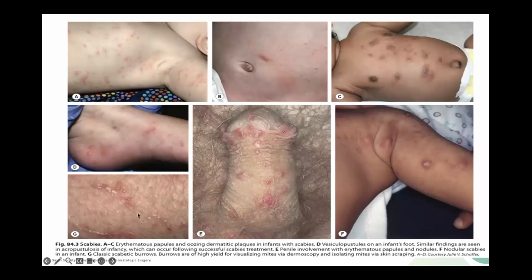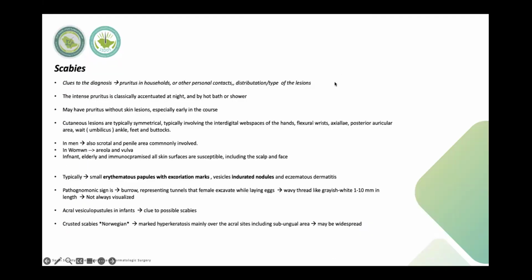Usually the lesion is like that: erythematous papules, sometimes forming indurated nodules. This is the axilla, the trunk, the genital region, the umbilicus. So that's the typical lesion. It's not very specific, but it's an erythematous papule with excoriation and indurated nodules.